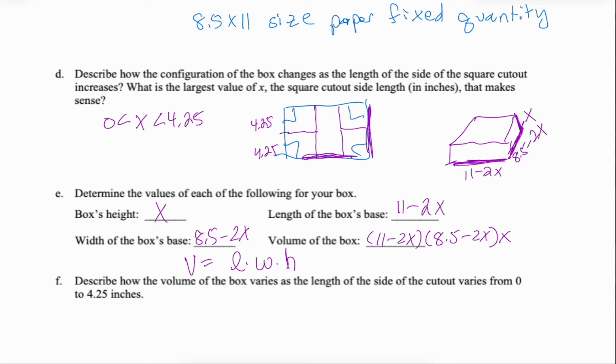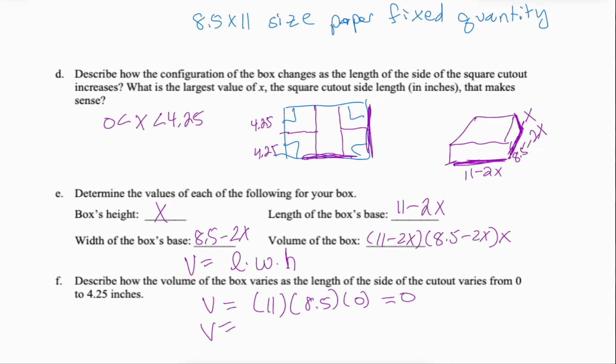It says, describe how the volume of the box varies as the length of the side of the cutout varies from 0 to 4.25. Well, let's plug in 0 into our volume equation. We get 11 times 8.5 times 0. It can't have any volume if it's just a flat sheet of paper. We've not cut out anything. But let's plug in the 4.25.